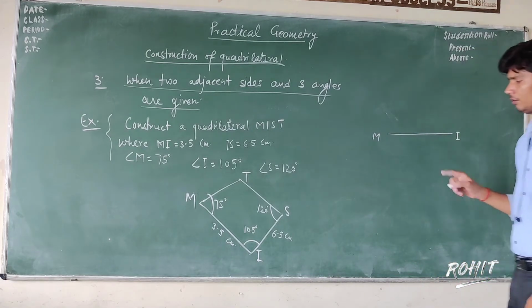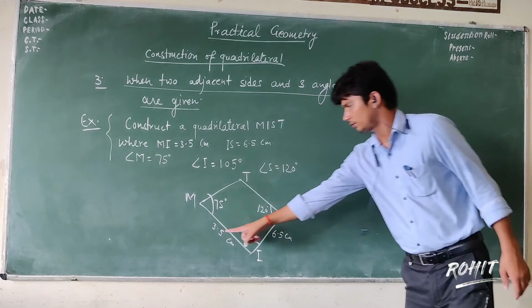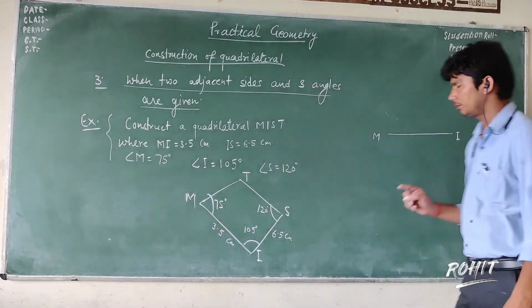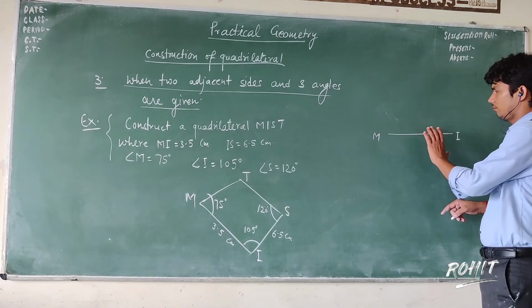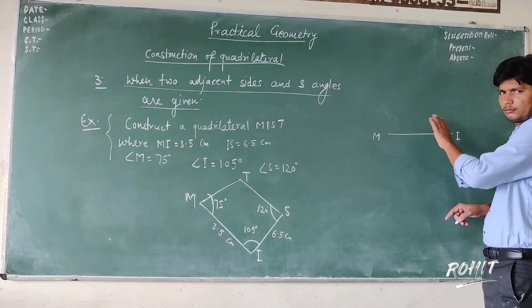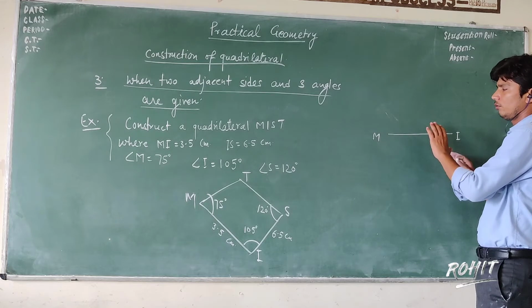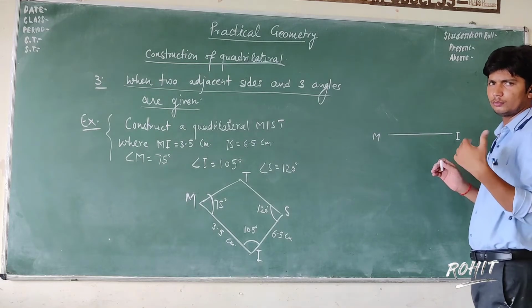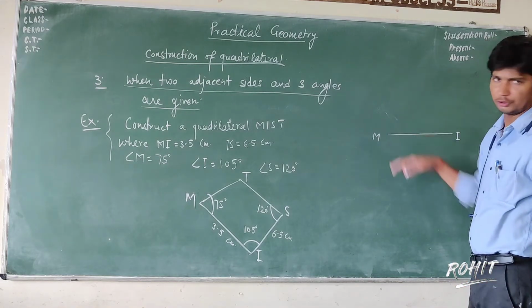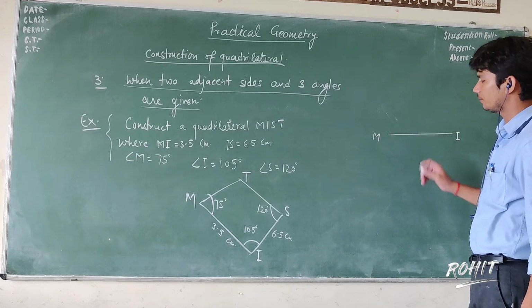MI of length 3.5 cm. Here I am using only symbols. This is not a 3.5 cm length. This is only a rough sketch to make you understand how to construct the quadrilateral.